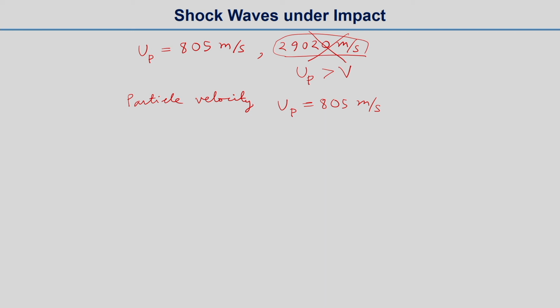So now we will do the calculations. Let us say the pressure generated in the target, that will be rho naught T, CT, all these subscript T for target, ST, UPT, UPT.